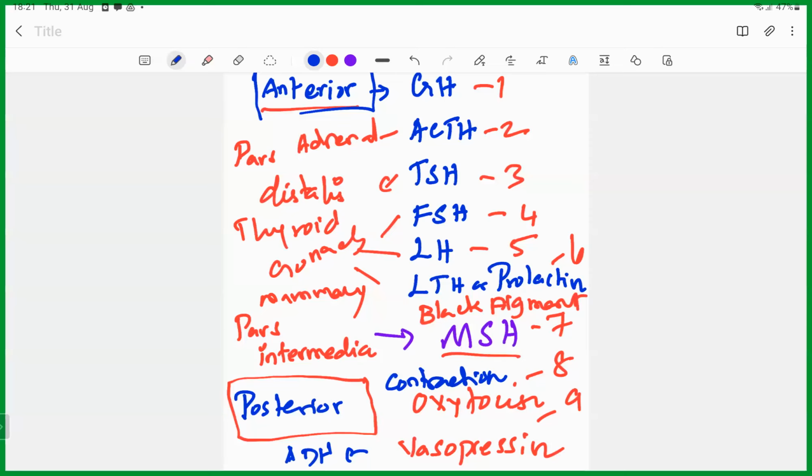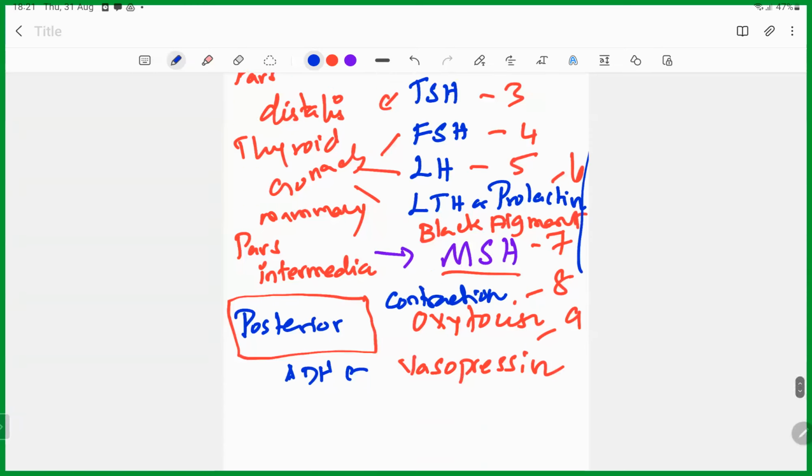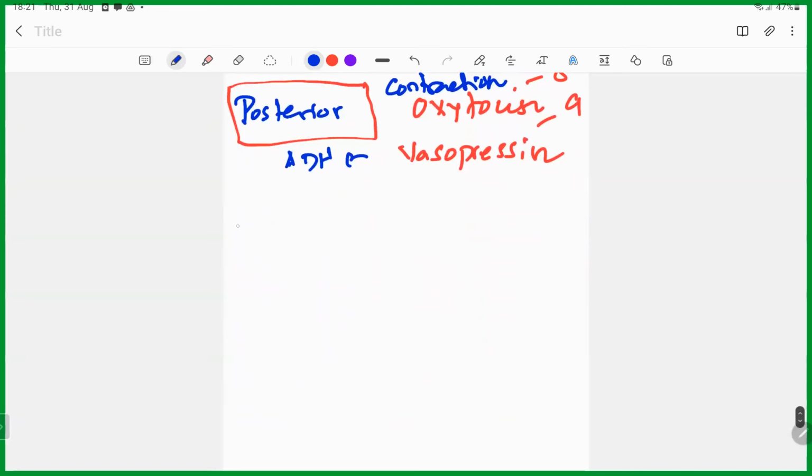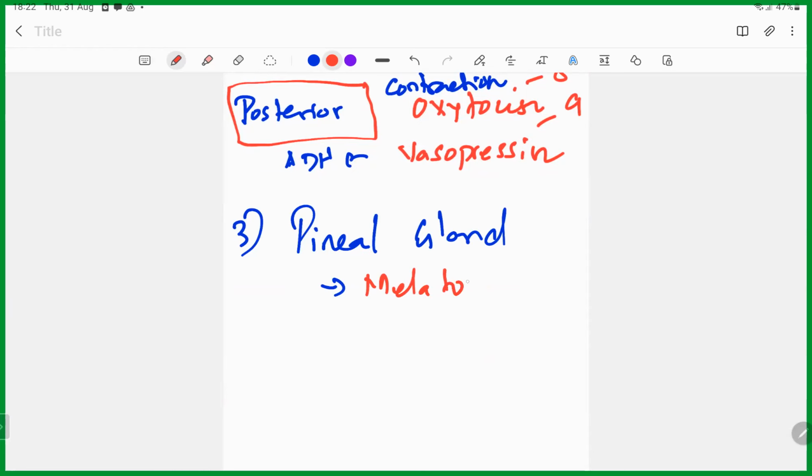Okay, fine. So, pituitary. Then what is the next gland present in your head region? Third is the pineal gland, which secretes what hormone? Melatonin. What will it do?